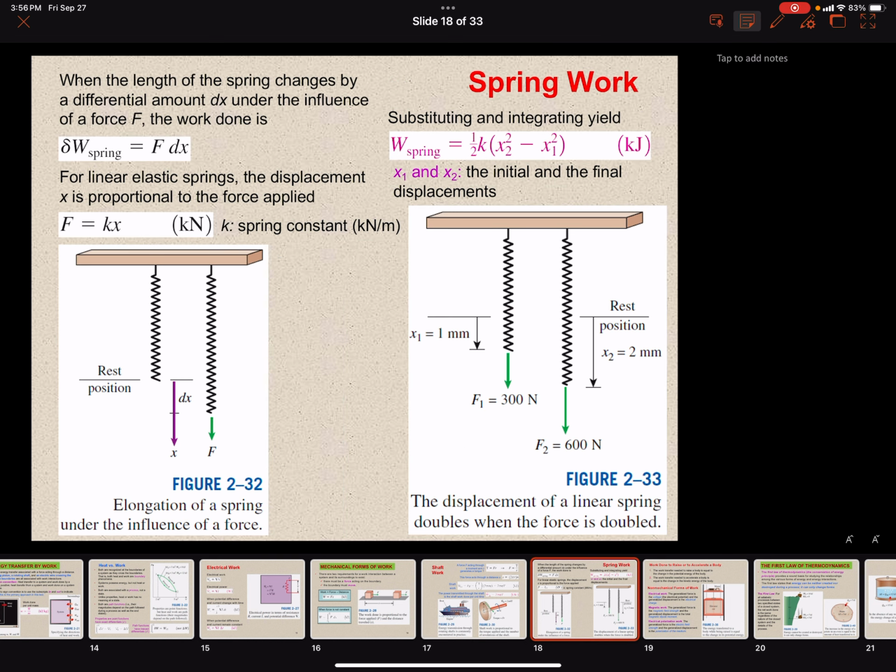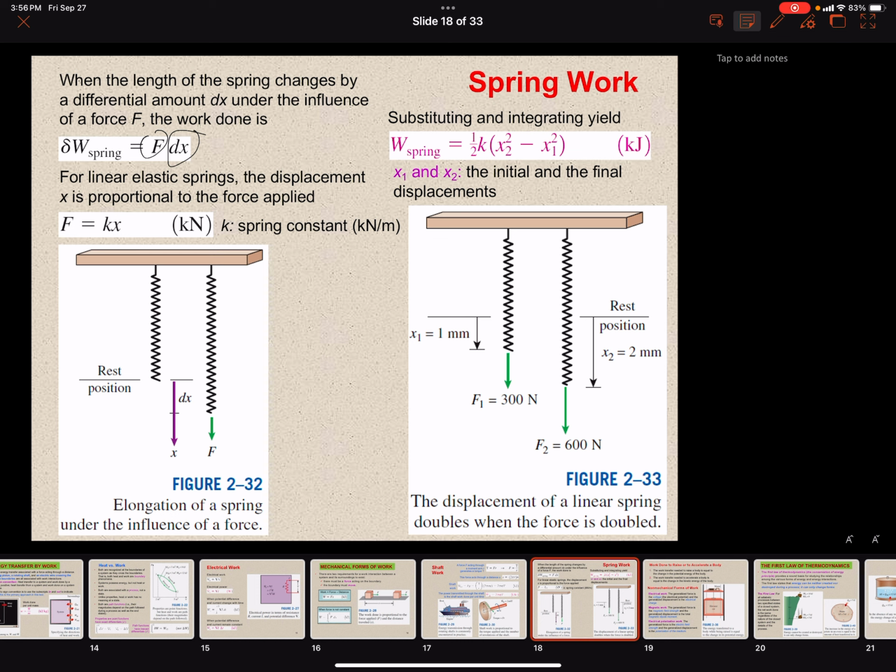This slide talks about spring work. When the length of the spring changes by a differential amount dx under the influence of a force, the work done is force multiplied by dx, which is the change of displacement.